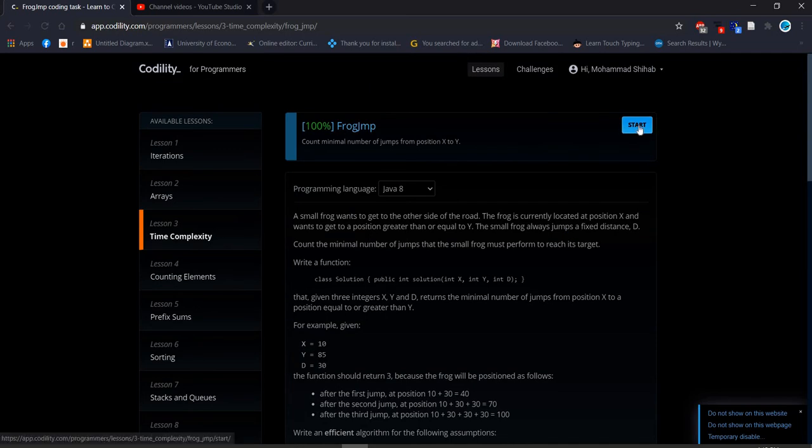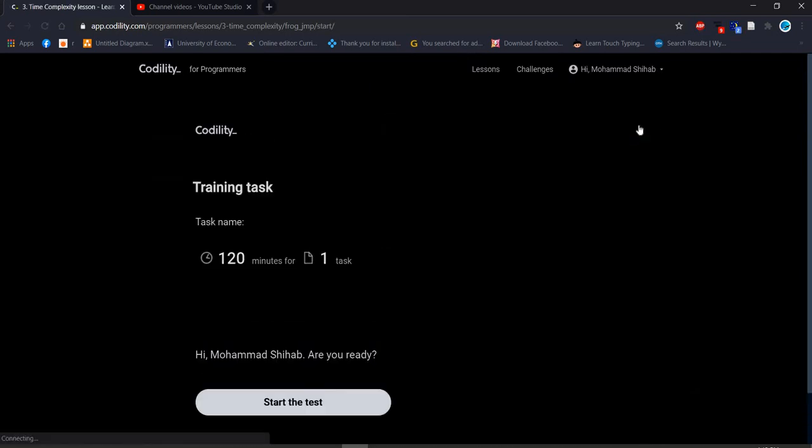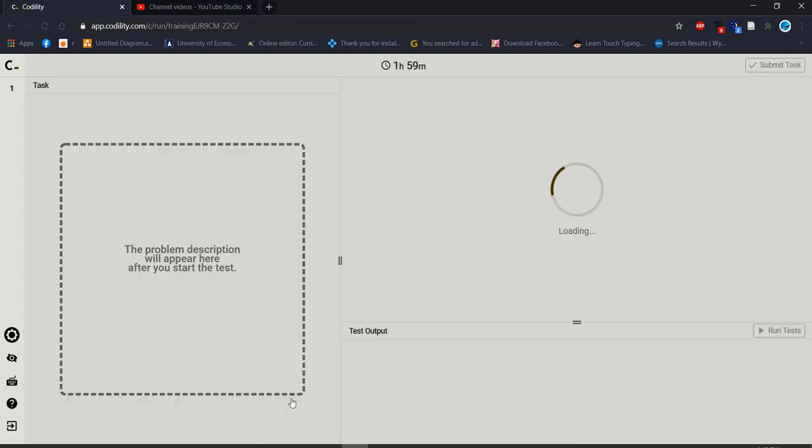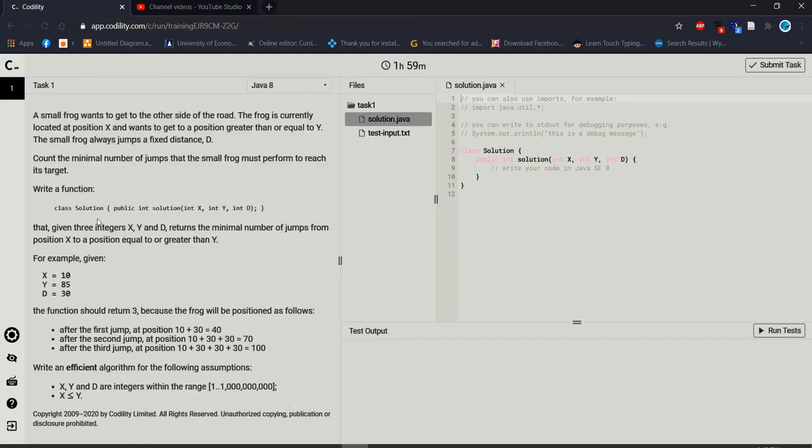So let's try to solve this problem. We already read the problem, now we can start to implement it. At first we have to check how much distance is left, how much distance the frog should jump.